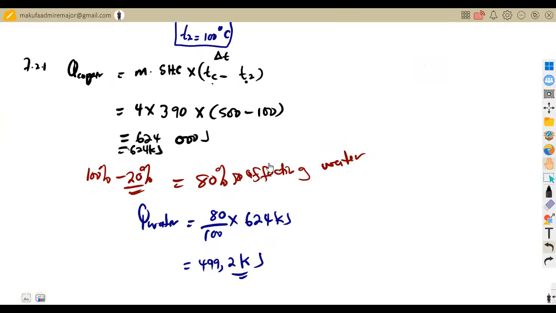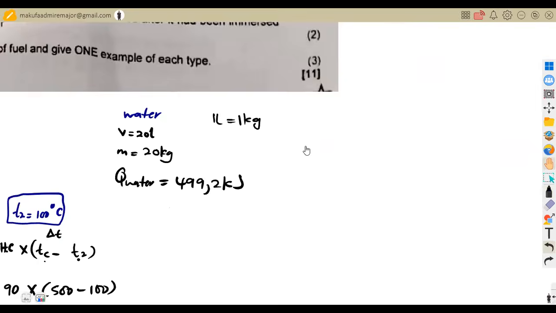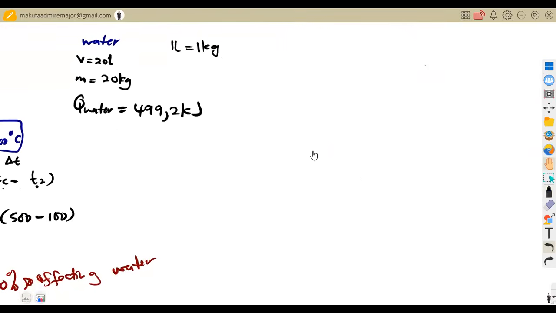We transferred 499.2 kilojoules. This is the heat that is affecting our water. So from our question, we want to calculate the original temperature of water, which is the temperature of water. How can we do so?